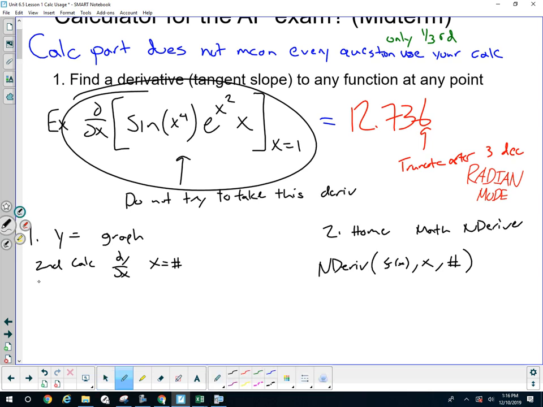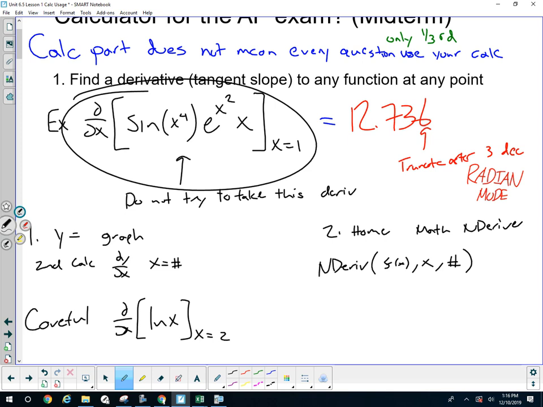Now, I'd like us to be careful. Please, without a calculator, tell me what is the derivative of the log x function when x is 2? Don't use your calculator. Tell me what the derivative of log x is when x is 2.